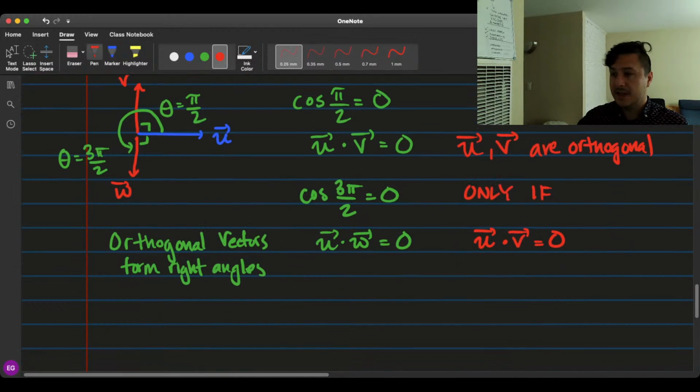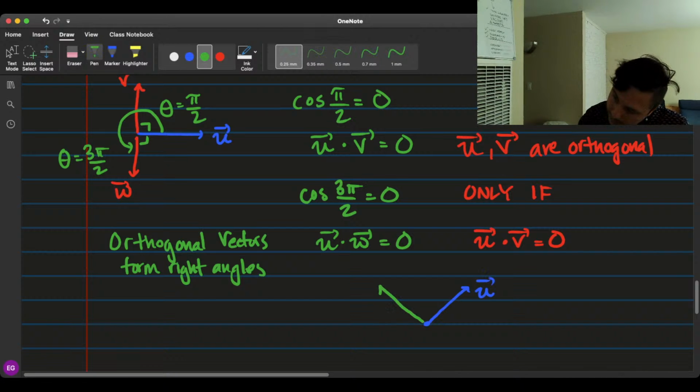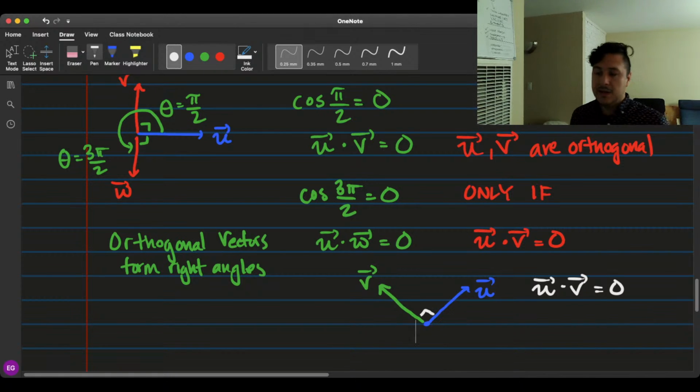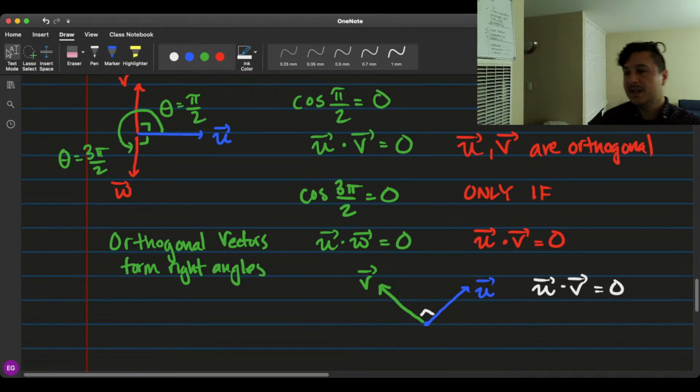So to give you an idea why we care about this, if this is your u and this is your v, and I know that u dot v equals 0, what can I say? What can I do with these two vectors? Well, I know that I can draw a right angle between them. And what do they form as a pair, basically?